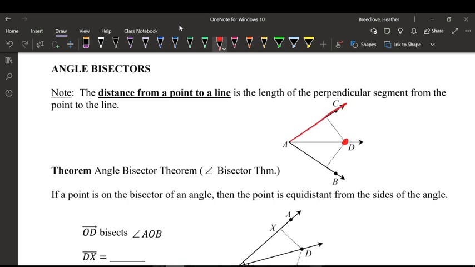All right, so the distance from a point to a line, from this point to this line, is the length of the perpendicular segment from the point to the line. So this dashed line, because that is perpendicular to the red line, that's the shortest distance between the point and the line.